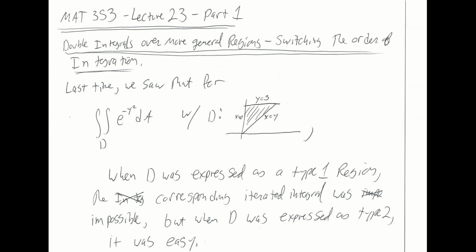So sometimes for regions that can be expressed as either type 1 or type 2, the expression as one of those types might lend itself to nicer integrals. In particular for this problem, when the region was expressed as one type, the corresponding integral was impossible, whereas if the region was expressed as the other type, the corresponding integral was relatively simple.